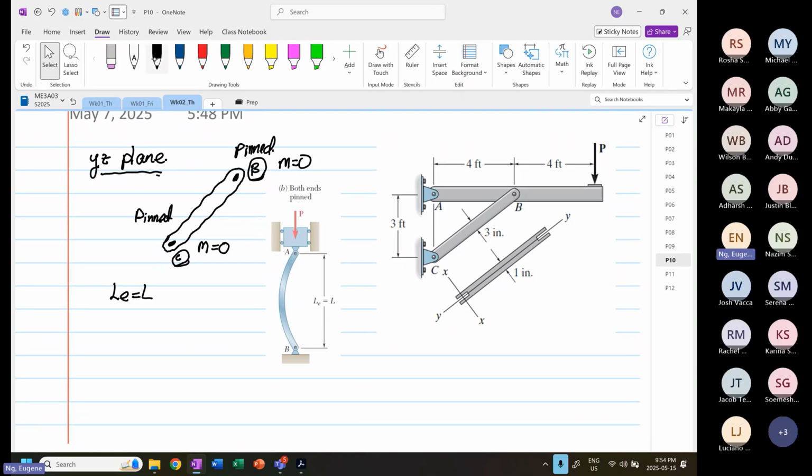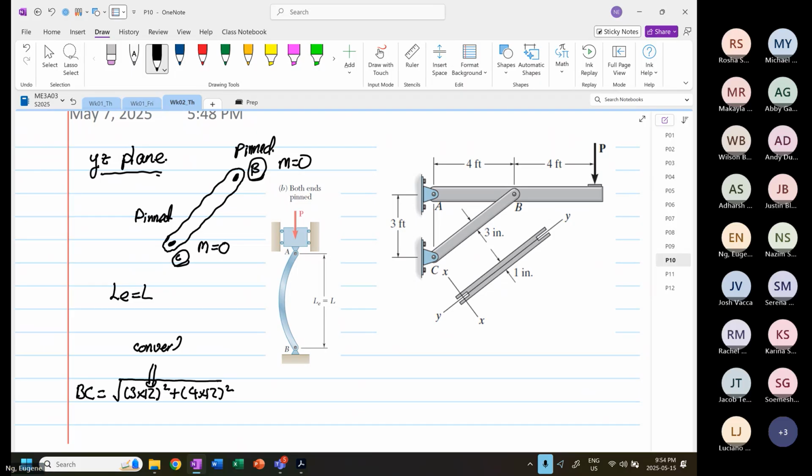So BC will be equal to the square root of 3 times 12 squared plus 4 times 12 squared. The 12 over here is to convert feet to inches.